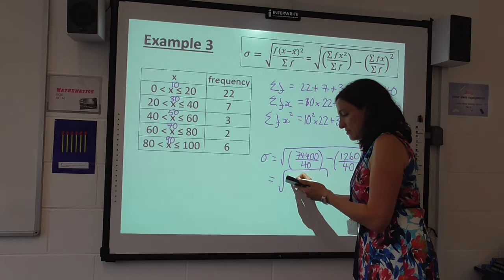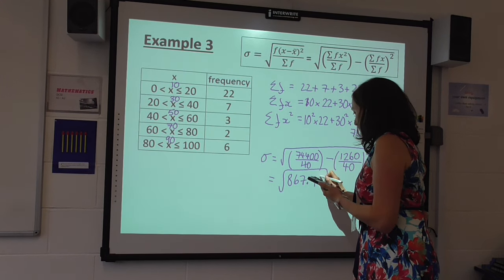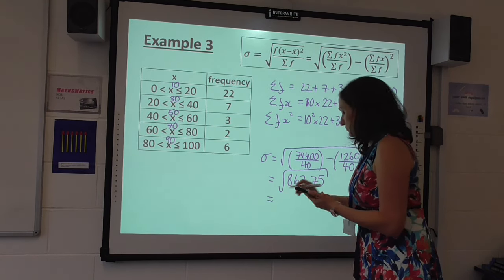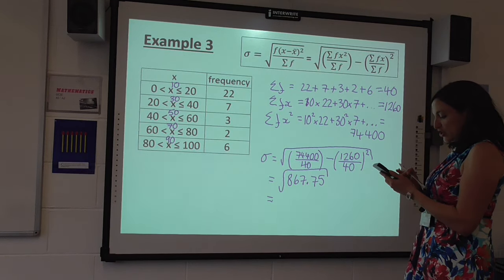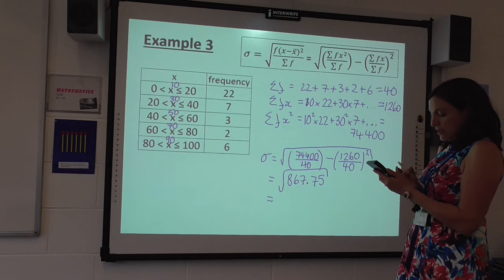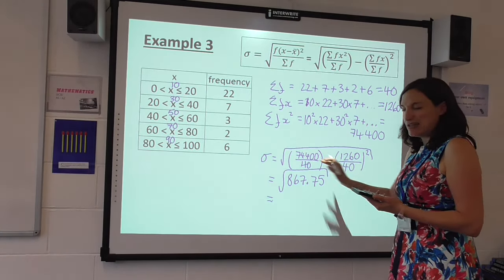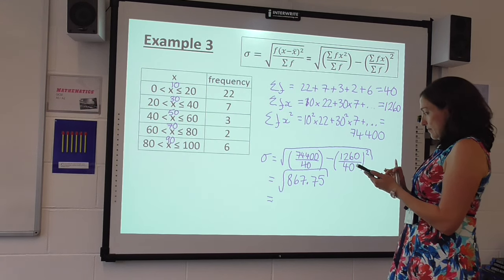Most sensible move is to have a natural display calculator and to type it in exactly as it looks like.